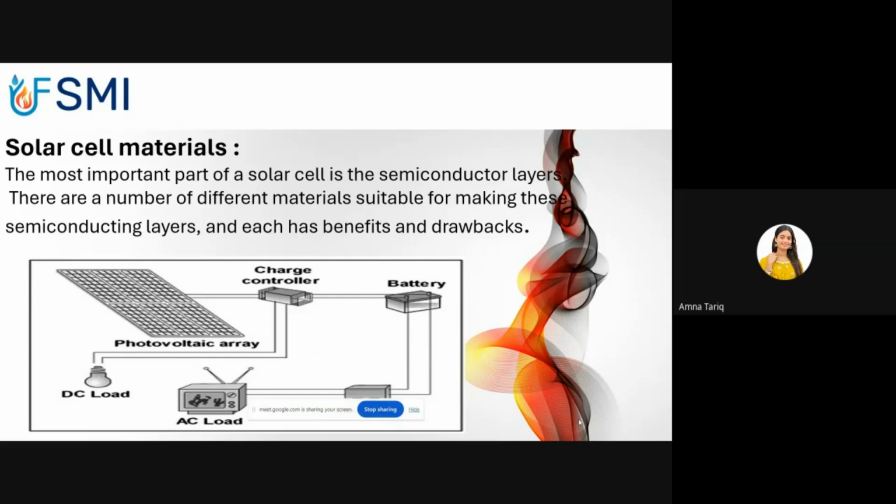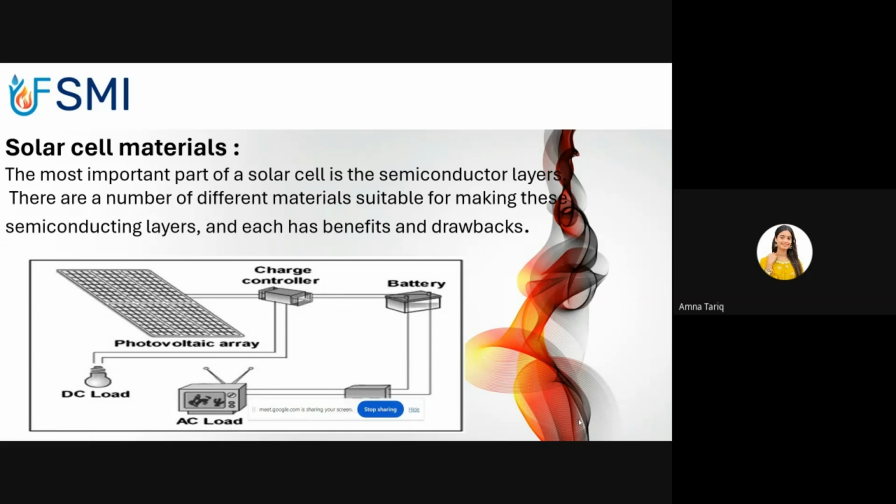So let's see what solar cell materials are. The most important part of the solar cell is the semiconductor layer. Semiconductor layers are a very important part of a solar energy system. There are a number of different materials suited for making this semiconducting layer, and each has benefits and drawbacks.